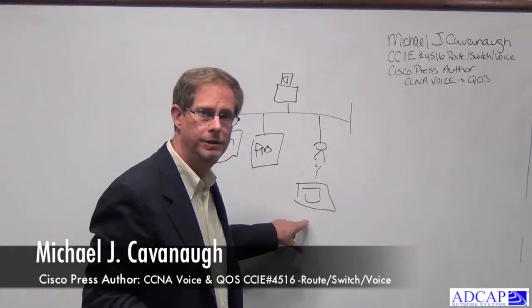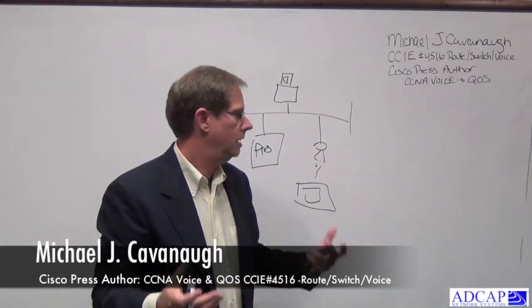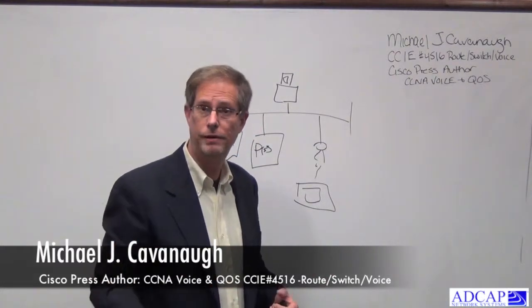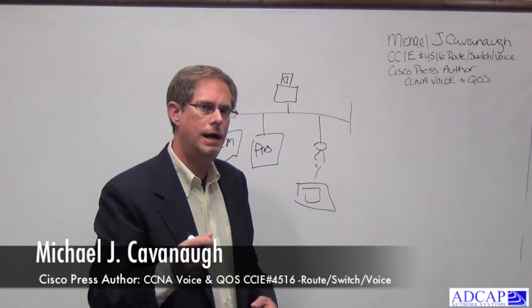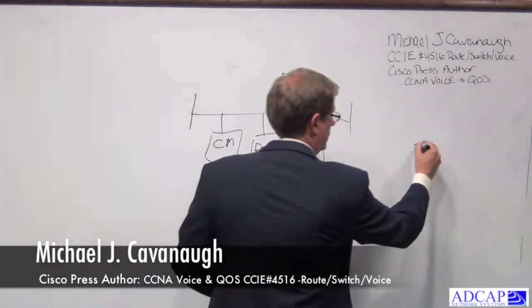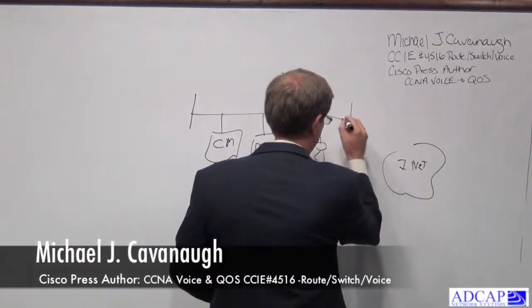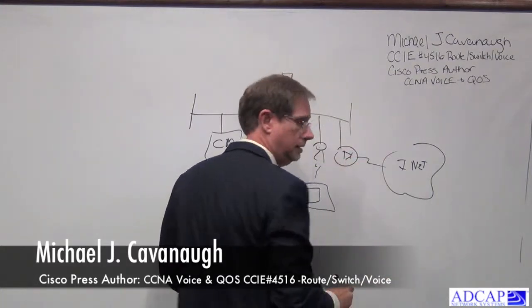What if I leave my building and I start roaming? And let's say I'm on my cellular, or I'm in a coffee shop using their Wi-Fi or something along those lines. That means I'm coming across the internet. So how do I get that securely on my network? The way that's going to work, I've got an internet connection here. That internet connection comes back to your network through an ASA.